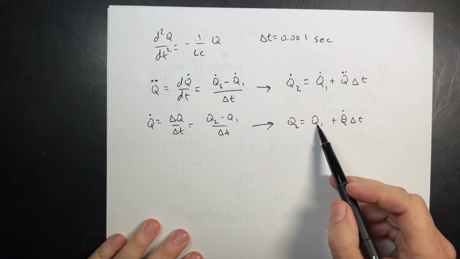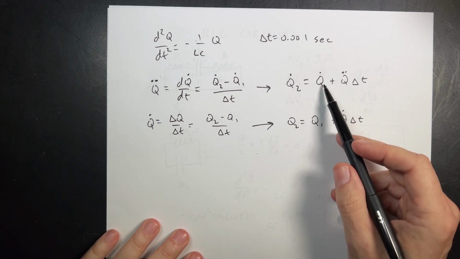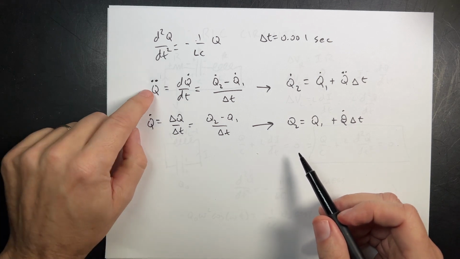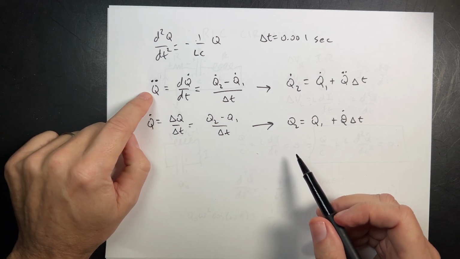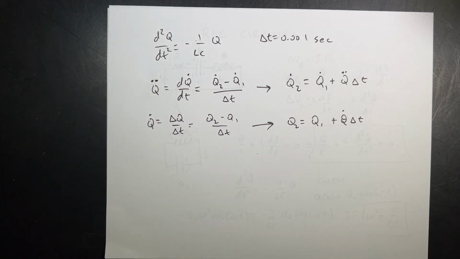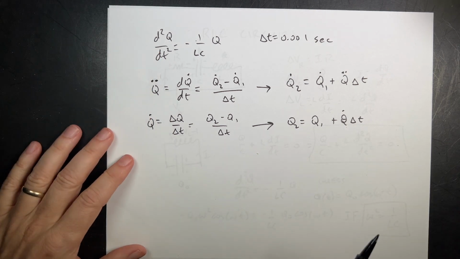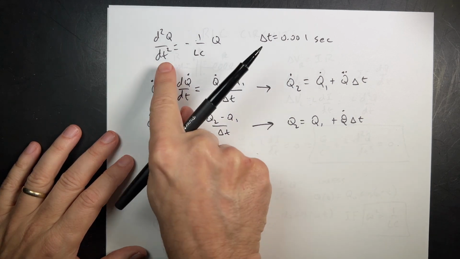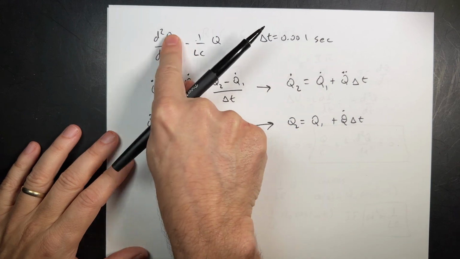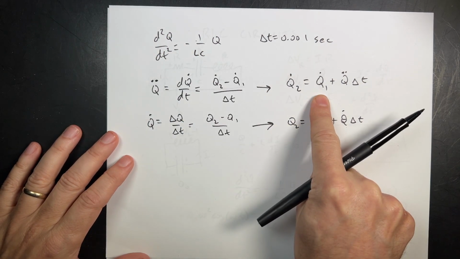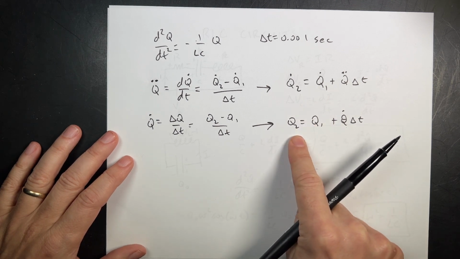If I know the initial charge and the initial current, I can find the charge and the current at the end of the time interval, if I know q double dot, which I can do from up here. So this is called an Euler calculation, and the numerical method, an Euler method. And the idea is calculate the second derivative from this equation, use that value to update the first derivative, and use the first derivative to update the charge.